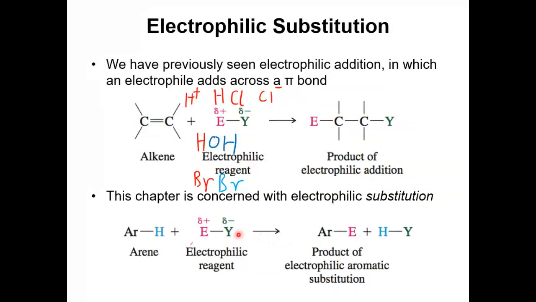And that hydrogen combines with the nucleophilic fragment in the electrophile and becomes the second product. Why? Because the ring is aromatic. Without looking at more detail, you can understand why it is less willing to react, because the double bonds are stabilized by aromaticity.